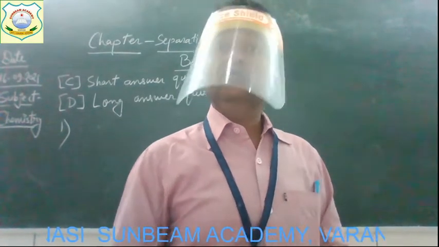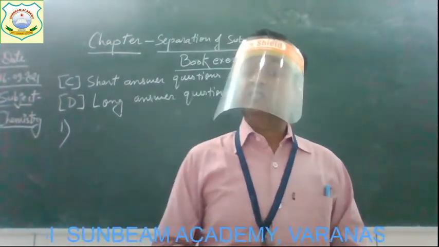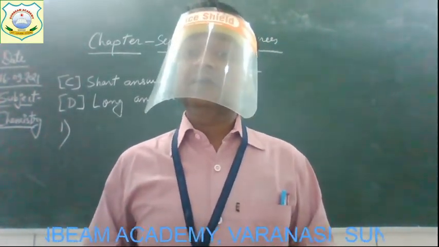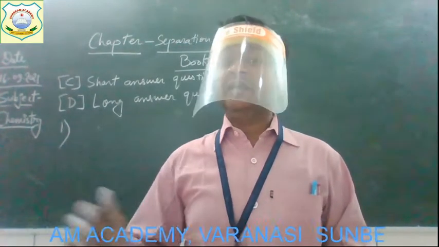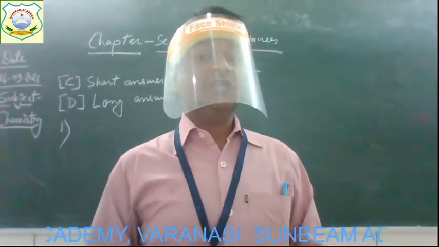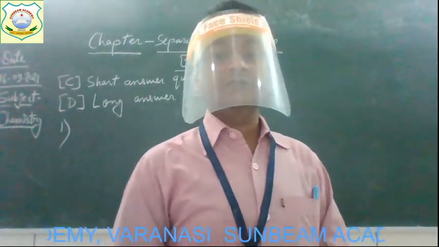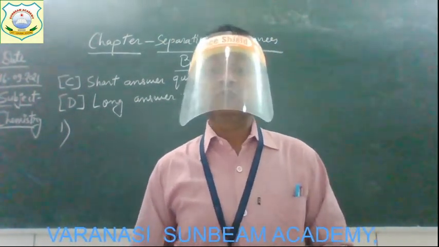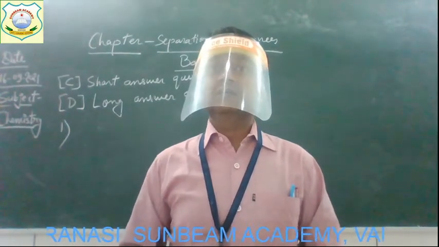So children, you know very well that a homogeneous mixture is a mixture in which the constituents are uniformly spread, and each part of the mixture has the same properties. An example of this mixture is a mixture of sugar and water.